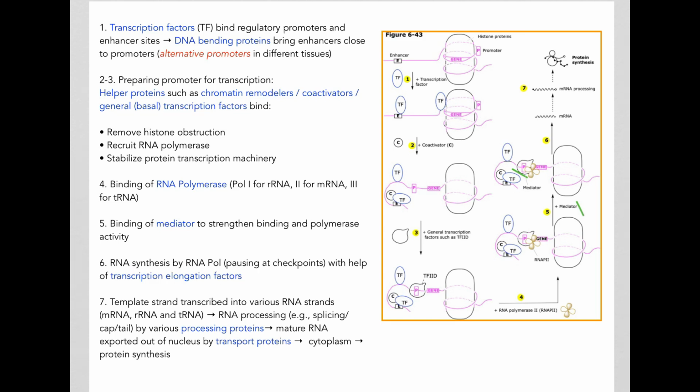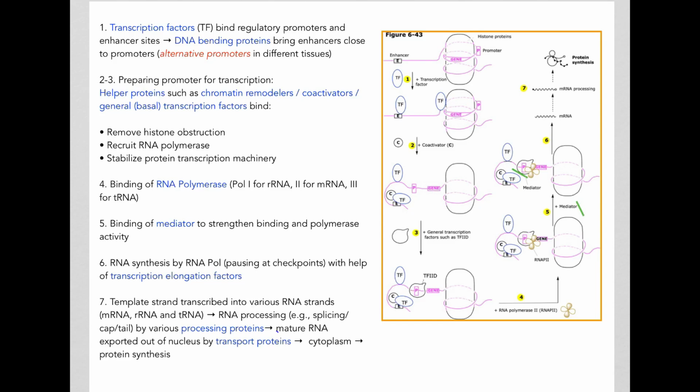Once the RNA is made, then the RNA undergoes RNA processing. Examples that we discussed were splicing, addition of a cap, the addition of a tail, and these steps require processing proteins. So obviously the cell could control the activity of its processing proteins and thereby affect the concentration of the enzyme in the cell.